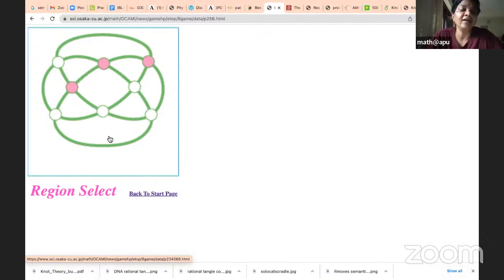What then I can ask, suppose I know that it is 8 crossings. What is the minimum number of regions? What is the maximum number of regions? Then we could ask a whole lot of questions about understanding the plane itself.